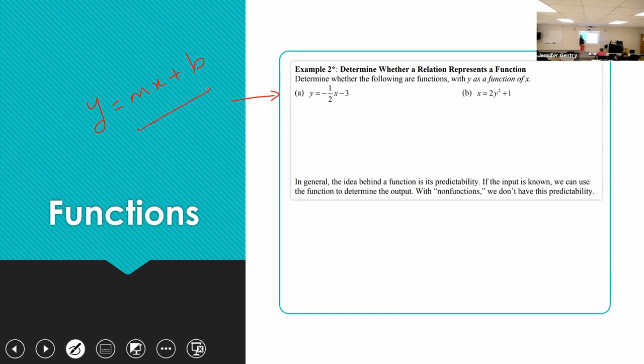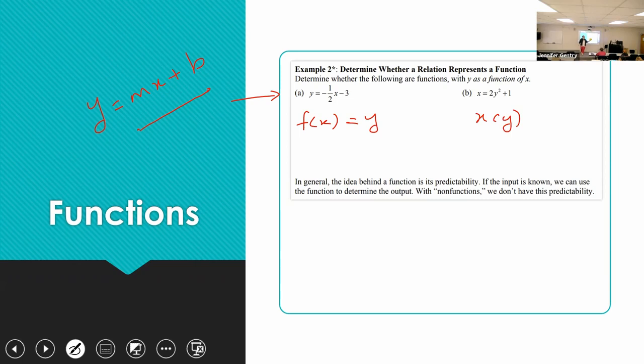Some of the hints that we see in this scenario: your y is a function of x. Remember we said y is a function of x. But look at B. We actually have x being a function of y in this scenario. We've got x equals something.